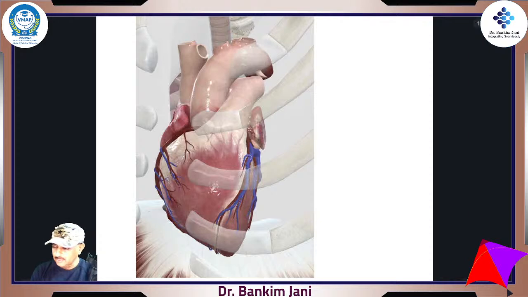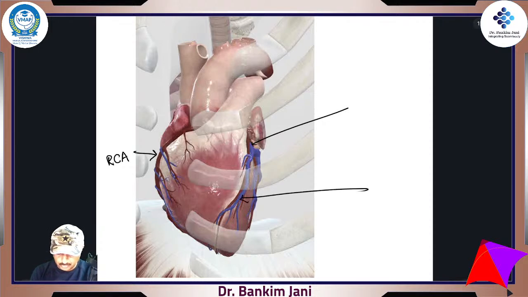Then this one is what? Right coronary artery. This you have already told me, right? There are two branches over here. In fact, three, right? So what is this one? What is this two? And what is this one? So what is one? What is two? What is three?